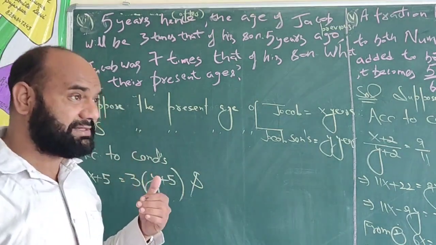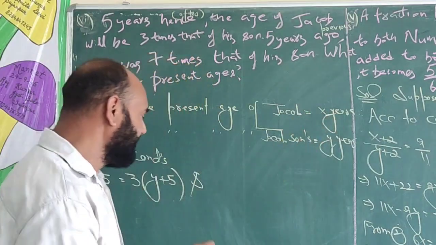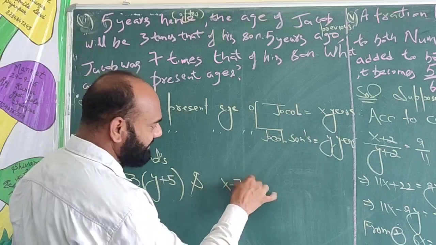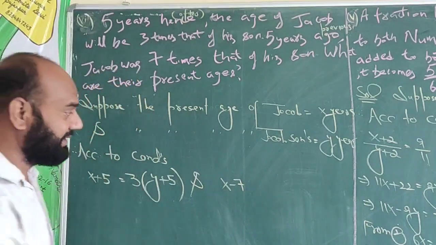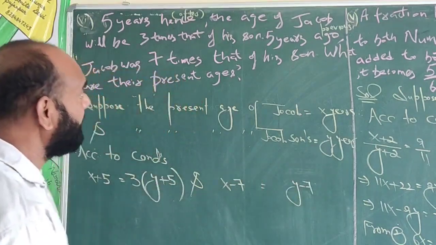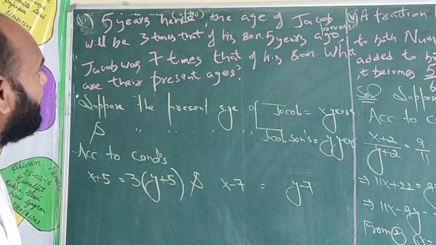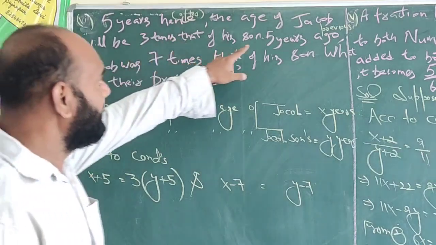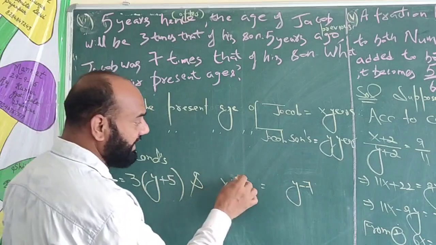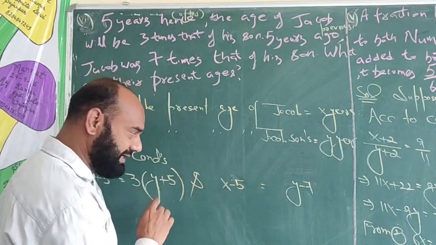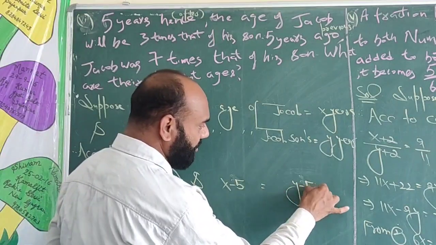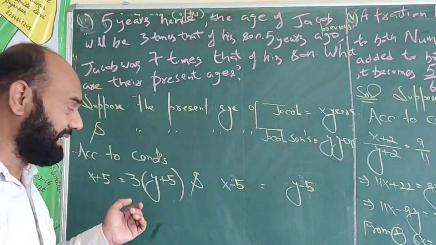When the present age of Jacob is x, 5 years ago the age of Jacob is x minus 5, and the age of his son is y minus 5.